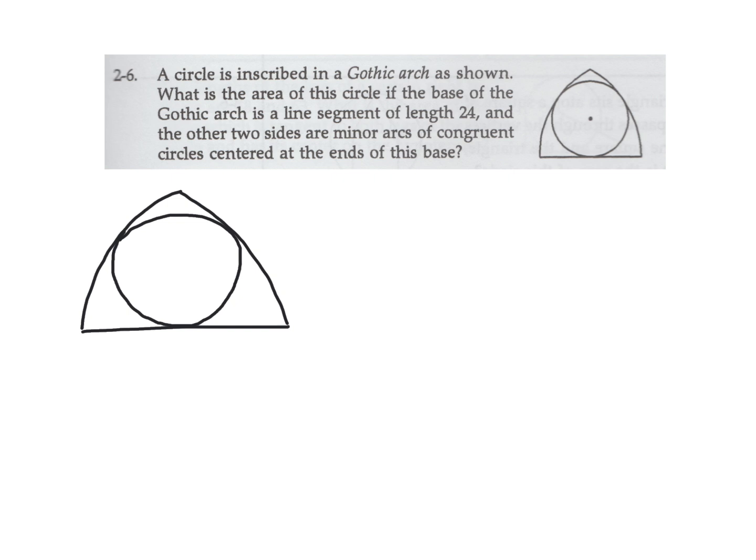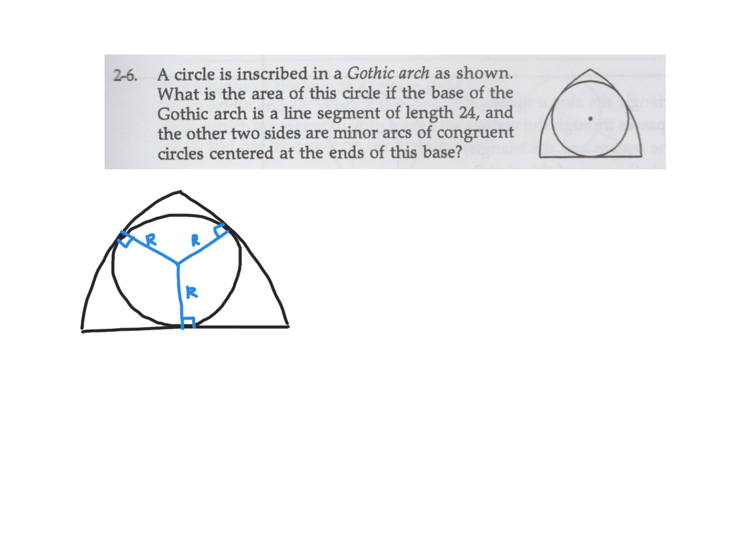Okay, so now let's set this up here. Let's draw the center and let's draw a line down to the bottom. So that's going to be a tangent. And this is also going to be a tangent, and so will that. The spot where the circle touches the arch. And then let's label the radius r of that circle.